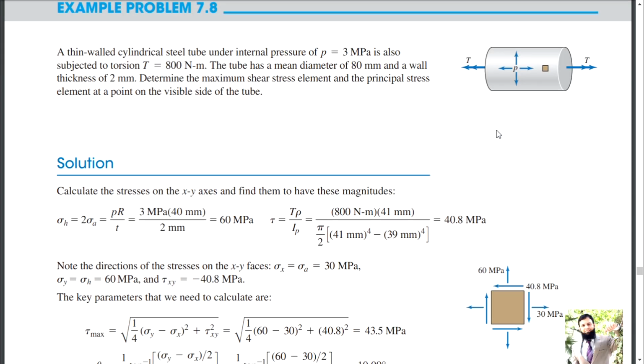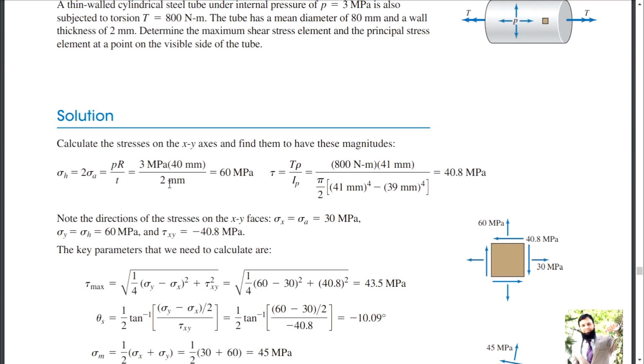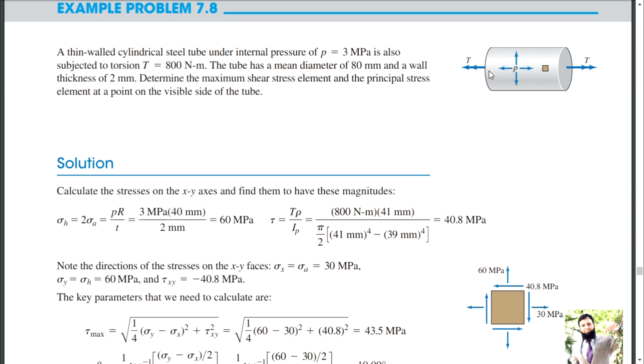Okay, you can calculate the hoop stresses. Hoop stresses are equal to 2 times the longitudinal stresses. Hoop stresses are equal to PR divided by T or PD divided by 2T, and axial longitudinal stresses are PD divided by 4T. So we will calculate for the maximum one.